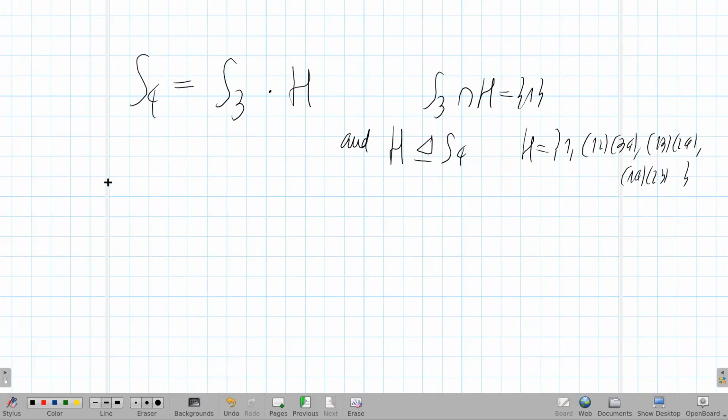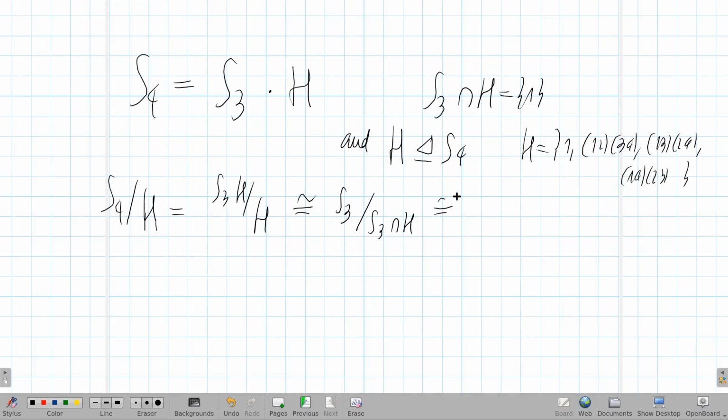And then this means that S4 over H equals S3 H over H, and you remember this is the second isomorphism theorem. This is isomorphic to S3 over S3 intersect H. But this is trivial, and so this is isomorphic to S3.